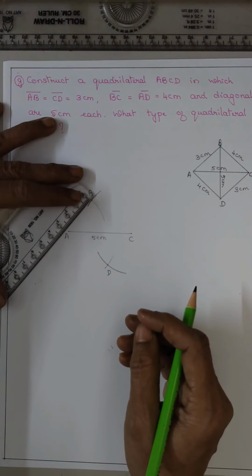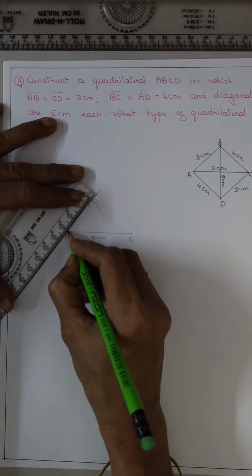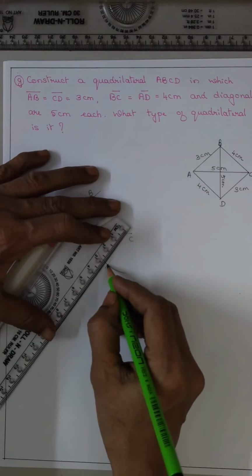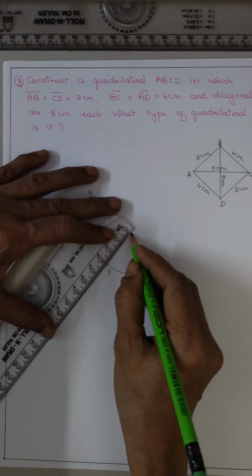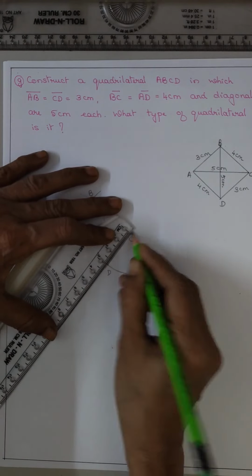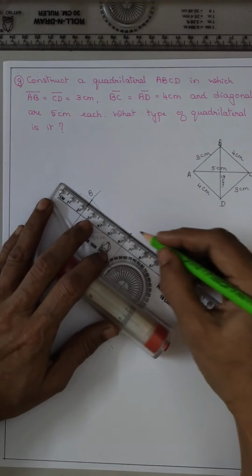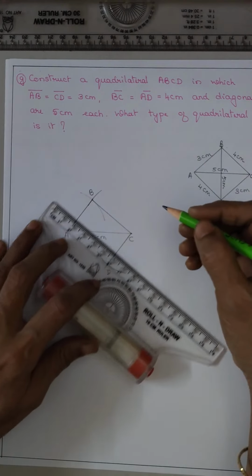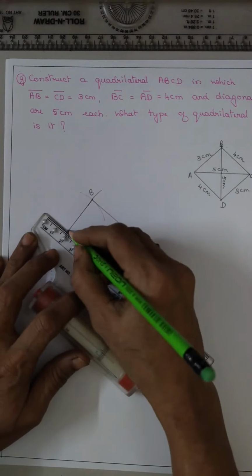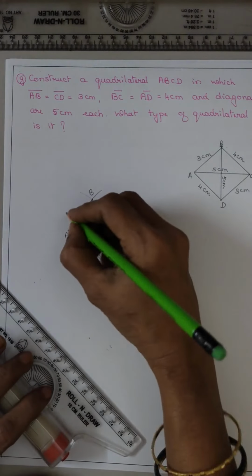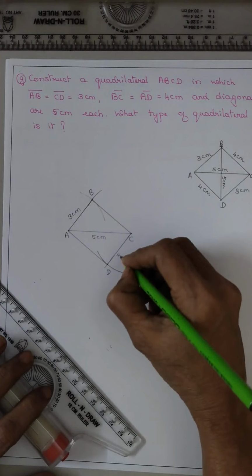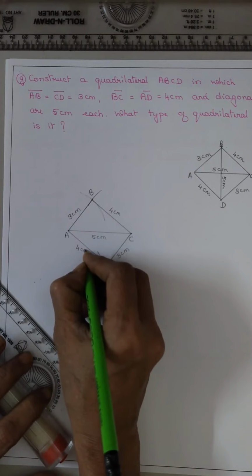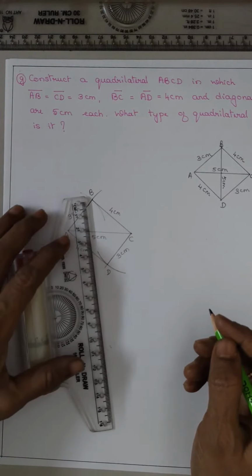You will get AB 3 centimeter and CD 3 centimeter, BC it is 4 centimeter, AD 4 centimeter, 3 centimeter, 3 centimeter, this is 4 centimeter and 4 centimeter, and the diagonals are 5 centimeter each.